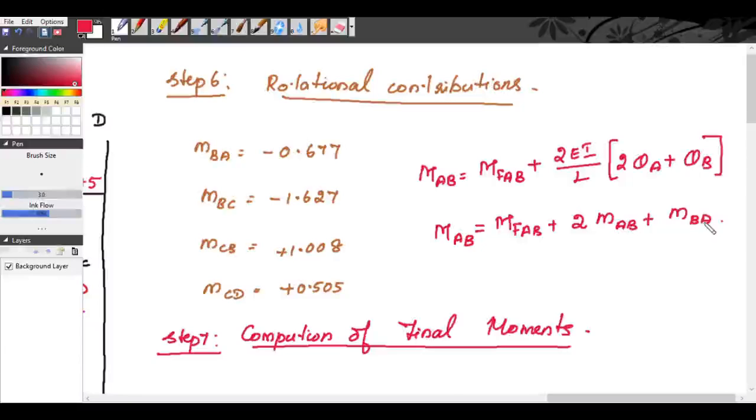Okay, that is the meaning of that. Now we have obtained the fixed end moments in our first step. Using Kani's iterations, we have determined the rotational contributions small MAB and small MBA. So now we will open a tabular column to find our final moments.